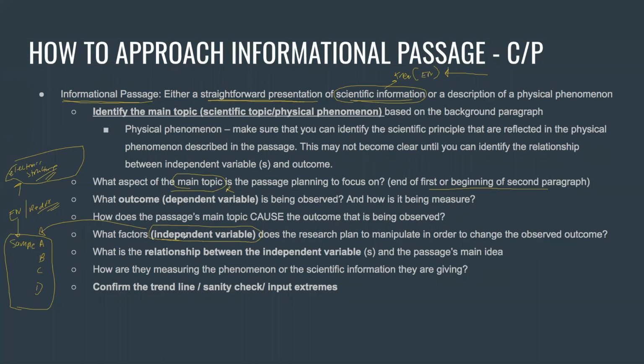The independent variables I'm creating in this fake passage might be the different samples. The outcome, the dependent variable, or more specifically the way I look to measure it, might be by taking the reducing potential, some experiment that I create, or even oxidation potential, depending on how I'm feeling that day, right?